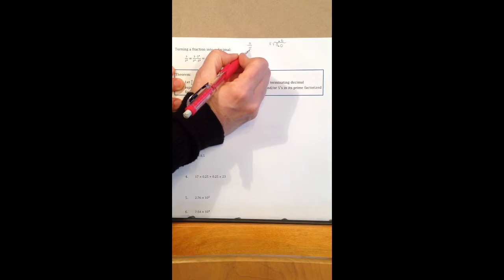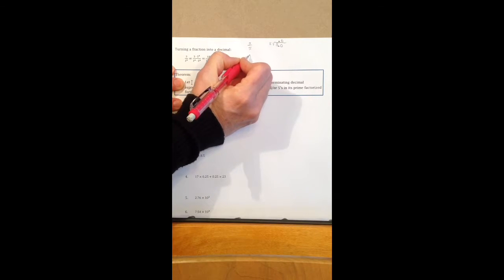The other way to think about it is if you can get the denominator to be a multiple of 10, then you will be able to change your fraction into a decimal, because the denominator that's a multiple of 10 will tell you what place value you're in.